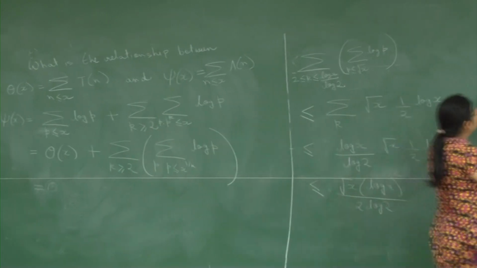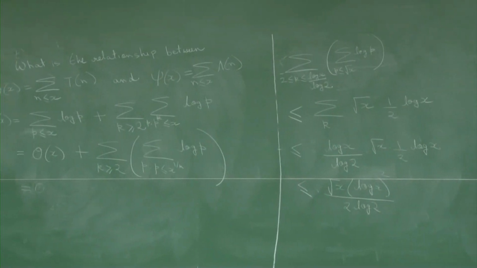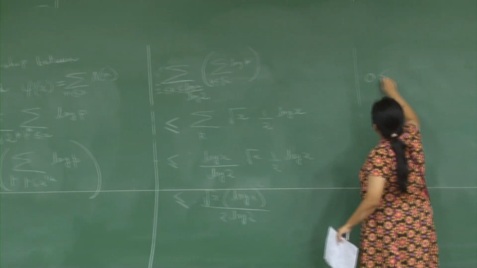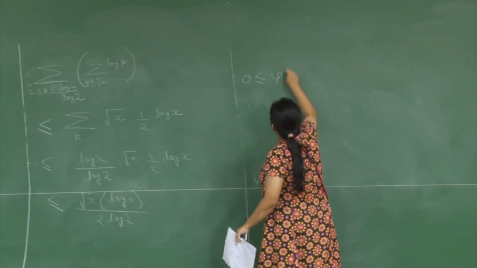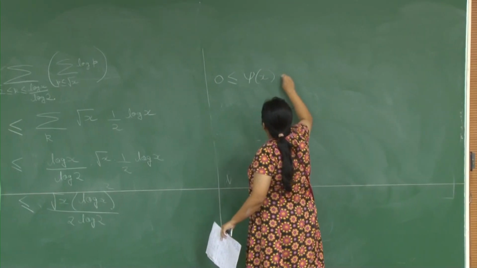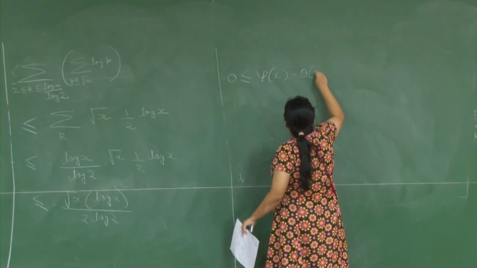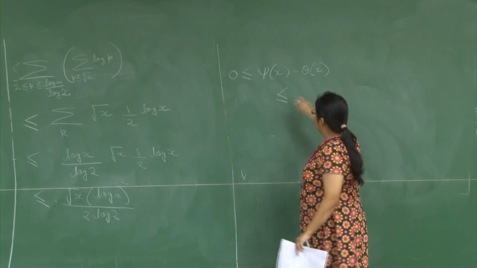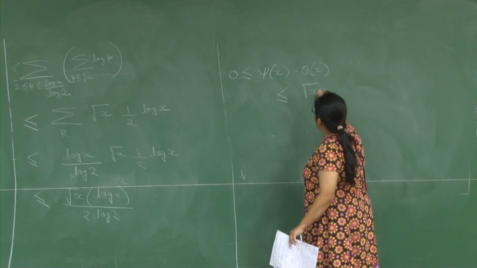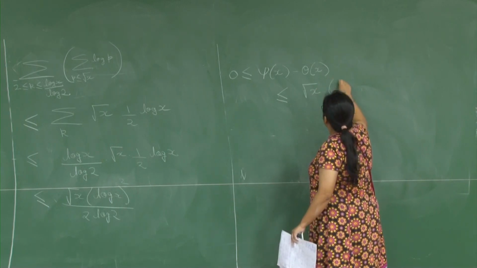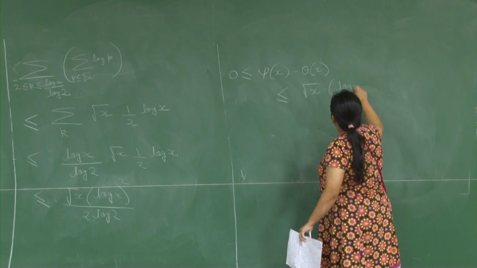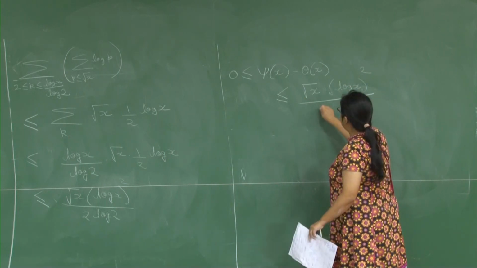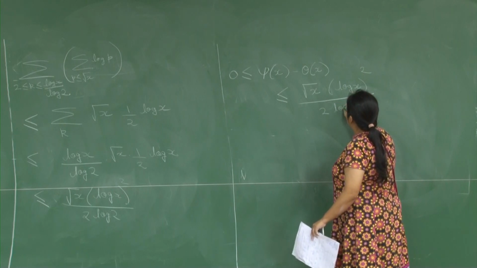So, to conclude this bit, what we end up getting is that 0 is less than or equal to psi of x minus theta of x, which is less than or equal to square root of x log x whole square over 2 log 2.